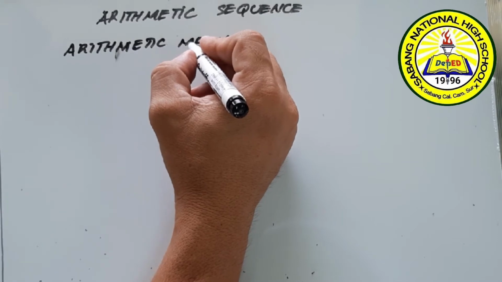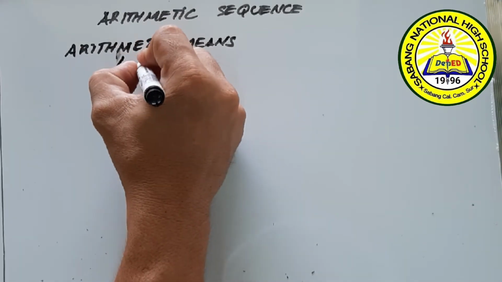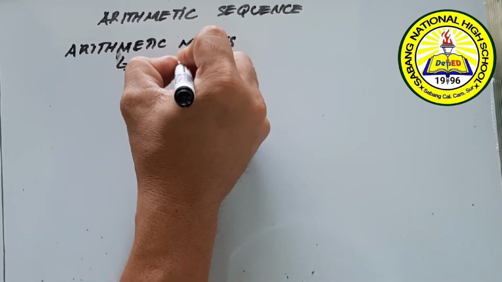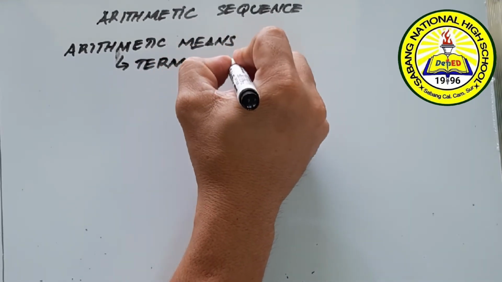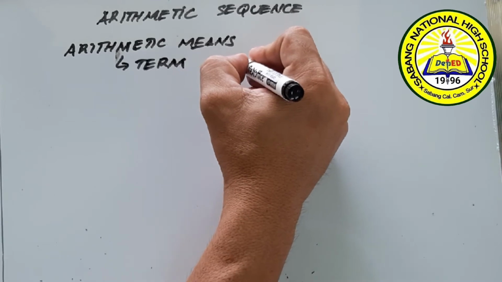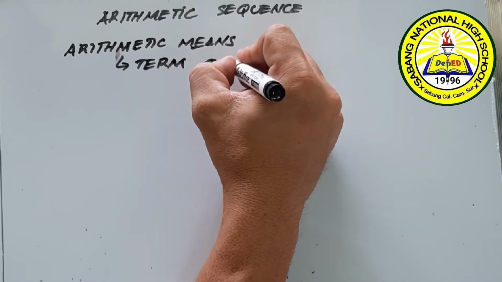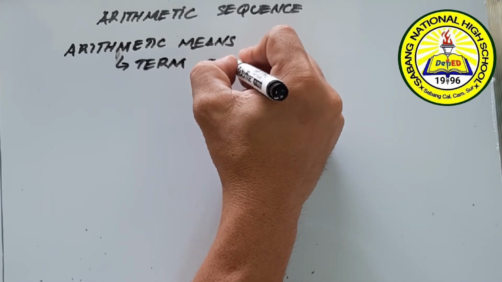According to the module, the terms A sub 1, then next is M sub 1.